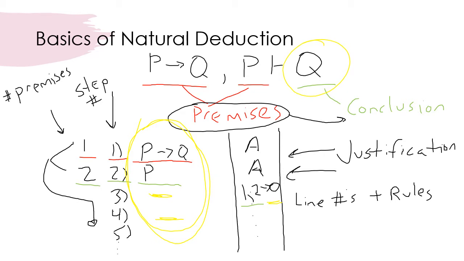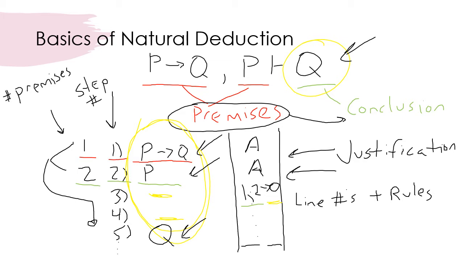The last line in every proof you'll ever do is going to be the conclusion that you see here. Again, this will require the line numbers that you're using and the rule that you're using, but you always know that your conclusion will be the very last thing to show up here. Your premises show up in the first lines, and your conclusion shows up on the very last line.